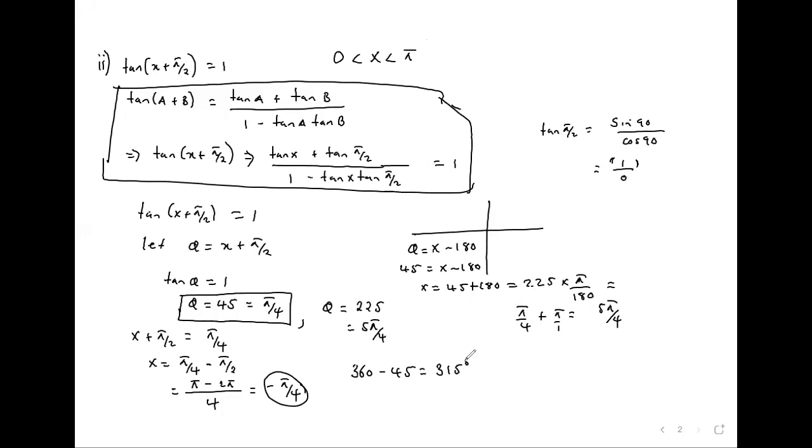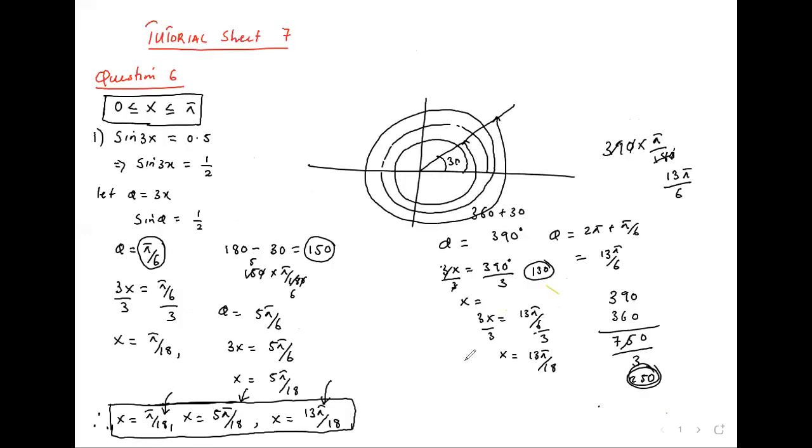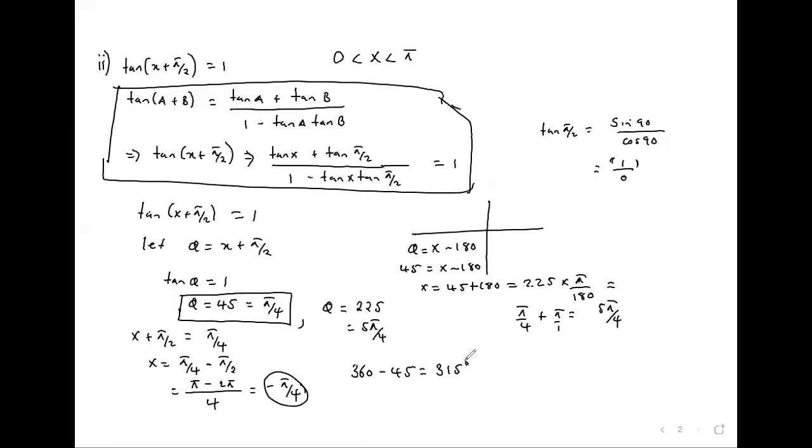So we'll come round, like what we did here, where you do 2 circles. Where's 225? 225 is here. When we came this way, it didn't make sense.